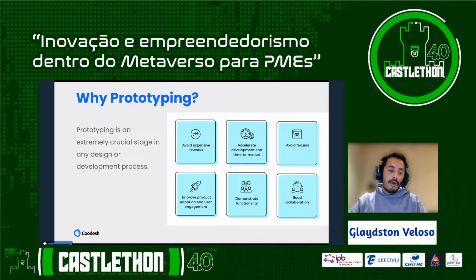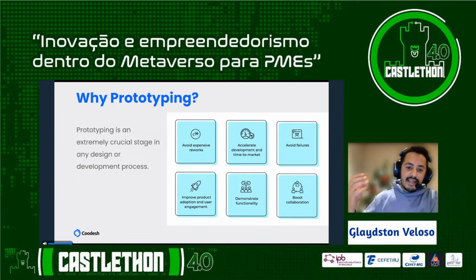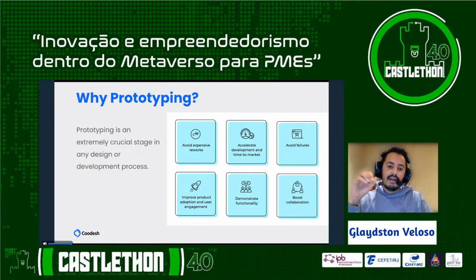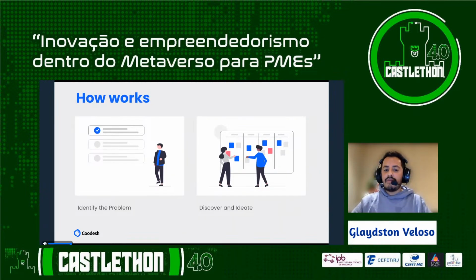So prototyping helps us avoid expensive rework and reduces costs and time in talks between the team, because they have how we want the product. In this case, they can just access the prototype and see the behaviors that we have between the screens and the buttons. And how the process of prototyping works.